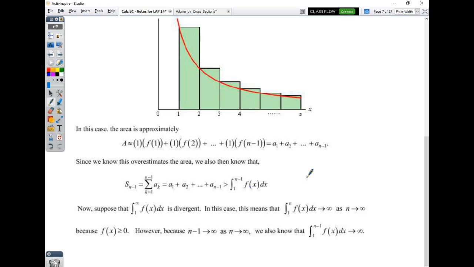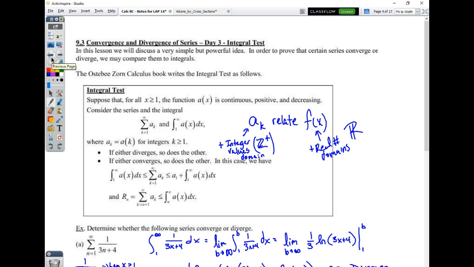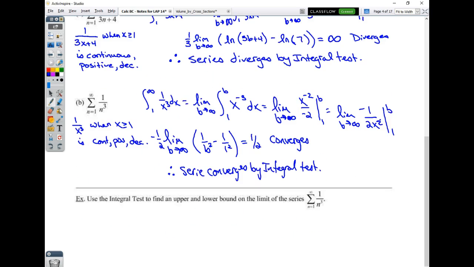So wait, I just said that the series is bigger than the integral, but it's smaller than the first term plus the integral. Ladies and gentlemen, what does that mean? It means I know a lower boundary for the series, and I know an upper boundary for the series. Which takes me back to the very last question on this page.